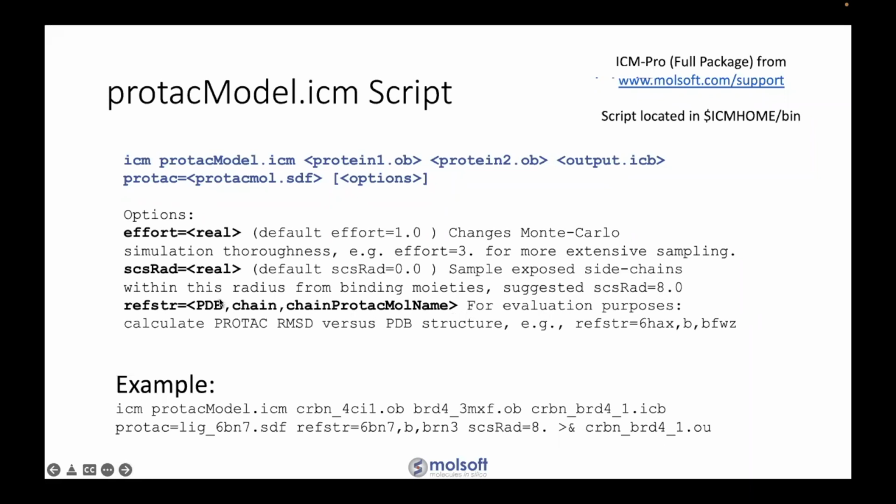And then if you're in a situation where you're comparing your model with a known tripartite complex, you can just provide a reference structure to compare your model with one from the PDB.